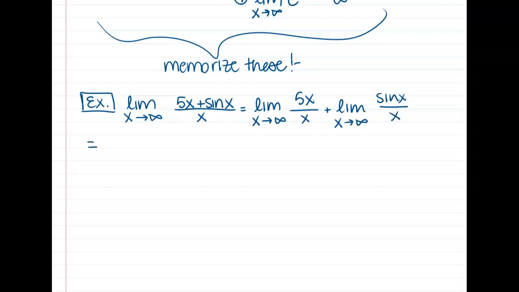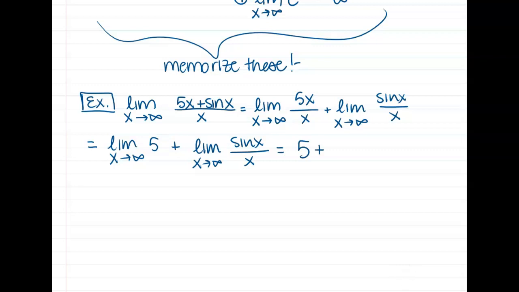You'll notice I keep writing limit until I evaluate. So this is the limit as x approaches infinity. Well, 5x over x is just 5, plus the limit as x approaches infinity of sine x over x. The limit as x approaches infinity of 5 is just 5.